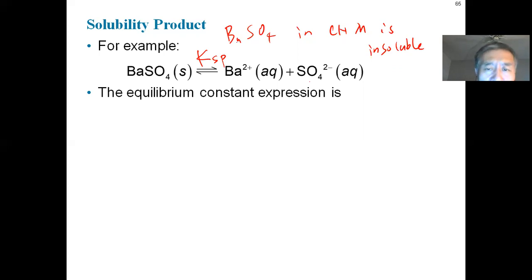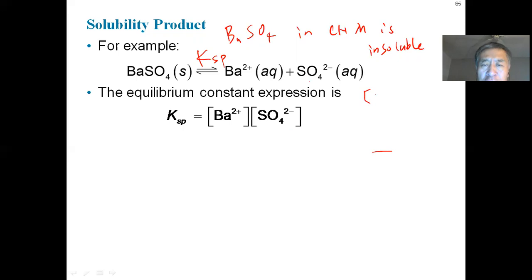The equilibrium constant expression will be the typical expression, the product over the reactant, with the coefficient as the exponent. In this example, we don't have barium sulfate in the expression, because you can think of the barium sulfate solid concentration as equal to 1.